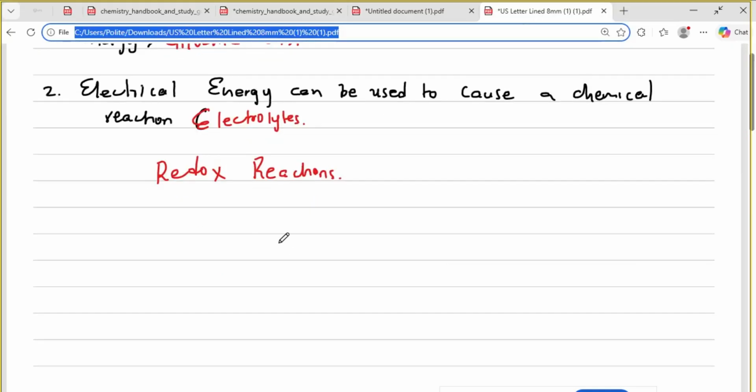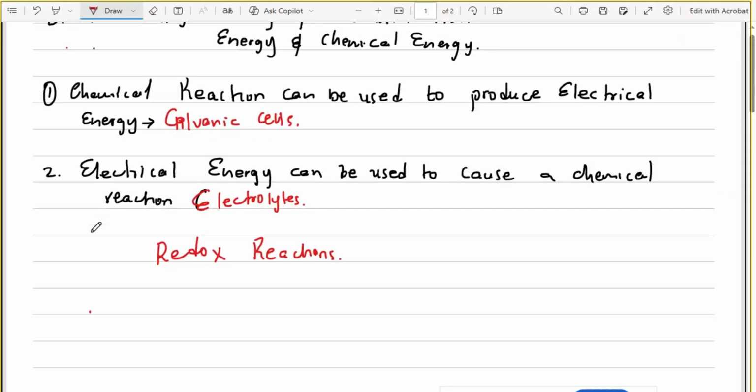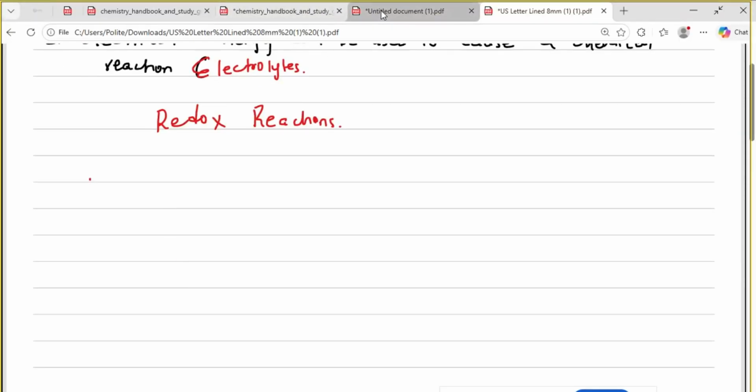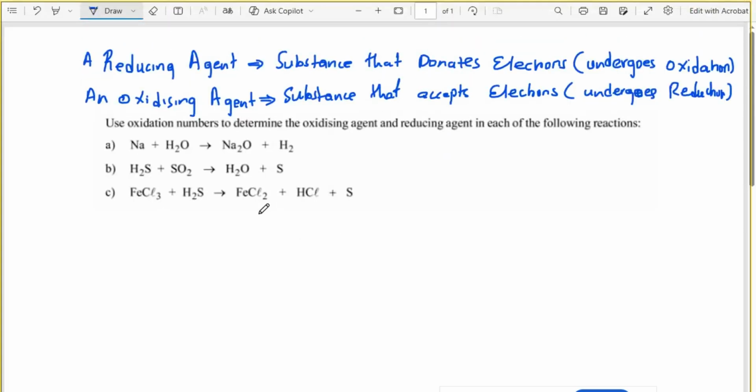So now that you understand that, let's talk about, remember I said that if I have something like this, we said the reducing agent is a substance that donates electrons and it will undergo oxidation. Okay, so now remember we said that a reducing agent is a substance that donates electrons.